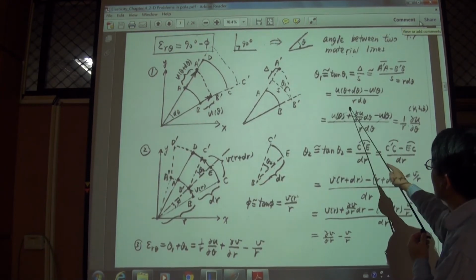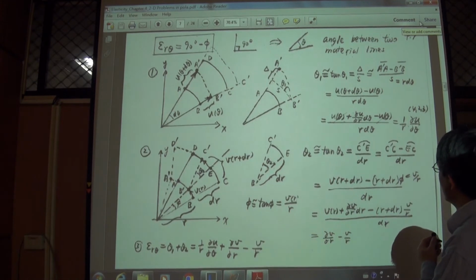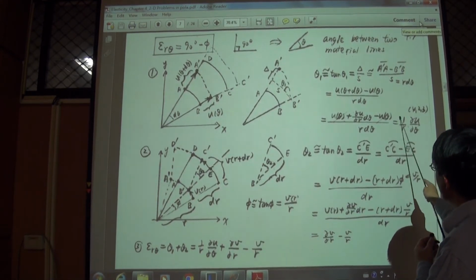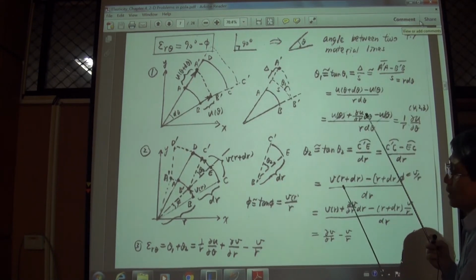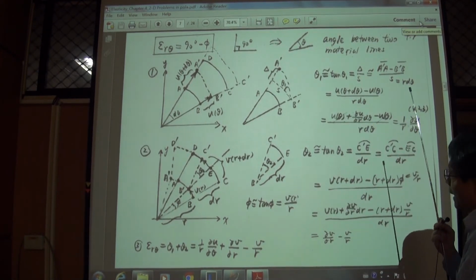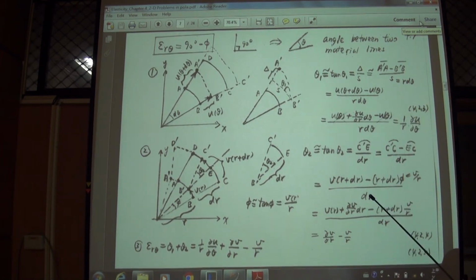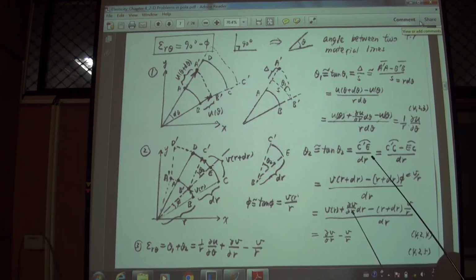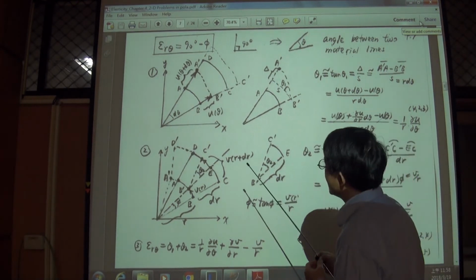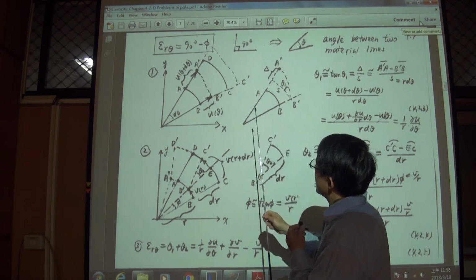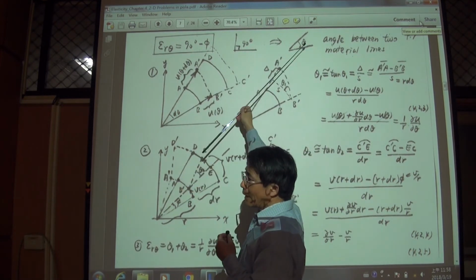Now this term cancels out with this term, and this term cancels out with this term. So we end up with this one. In this way, we get the shear angle theta 1. Now we consider this is the shear angle due to the displacement in the u direction.